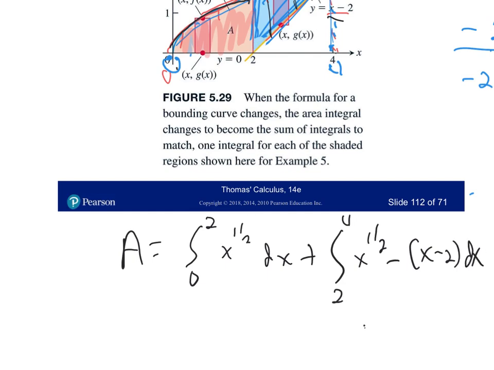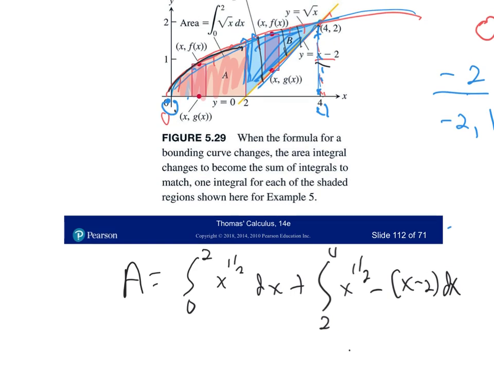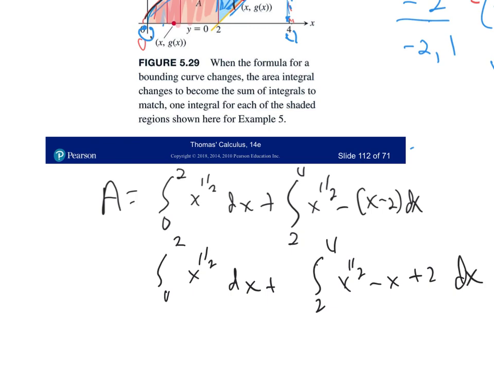Okay, and that's not much fun. There's another way of doing this. We can actually do something that's actually cool, but I'm going to keep this as 0 to 2 of x to the half dx, plus this one 2 to the 4 of x to the half minus x plus 2 dx.